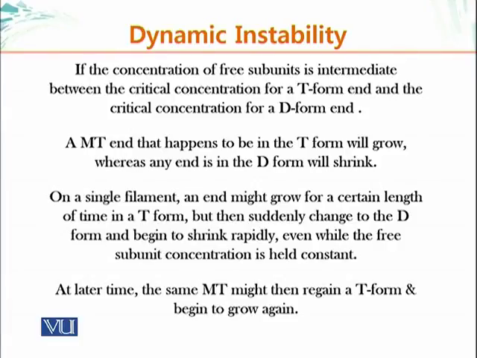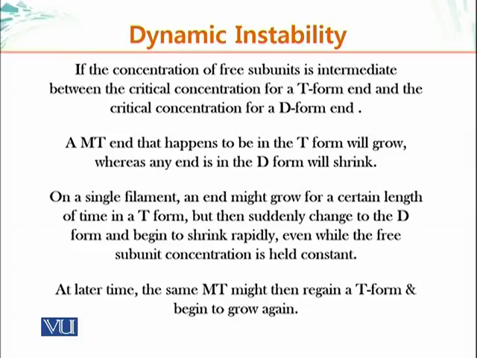If the concentration of free subunit is intermediate between the critical concentration for T form and the critical concentration for D form, a microtubule end that happens to be in T form will grow, whereas any end that is in D form will shrink. On a single filament, an end might grow for a certain length of time in T form, but then suddenly change to D form and begin to shrink rapidly.